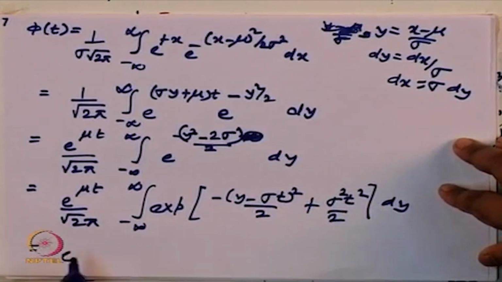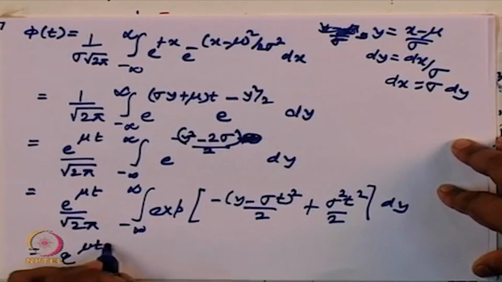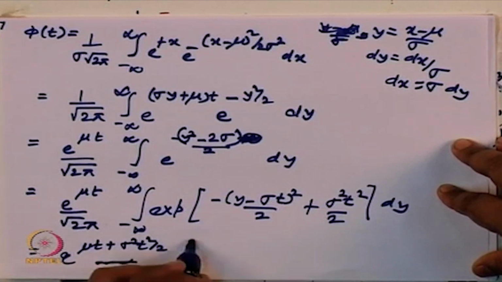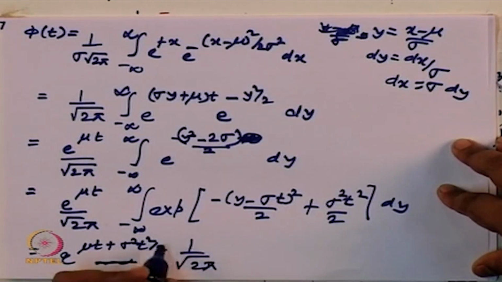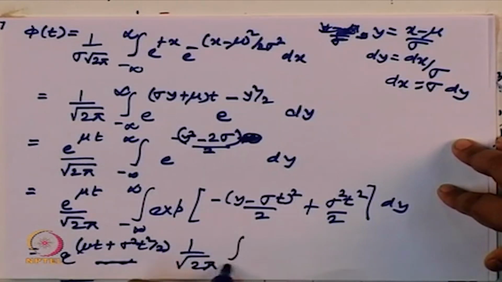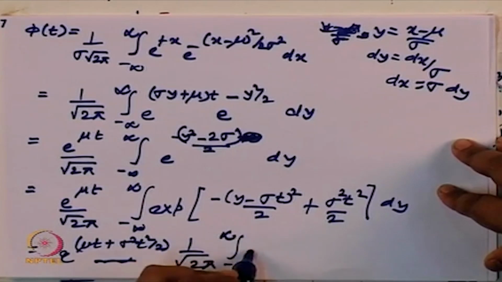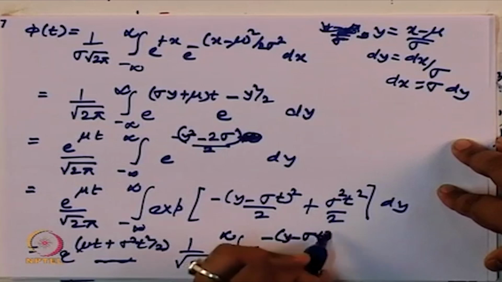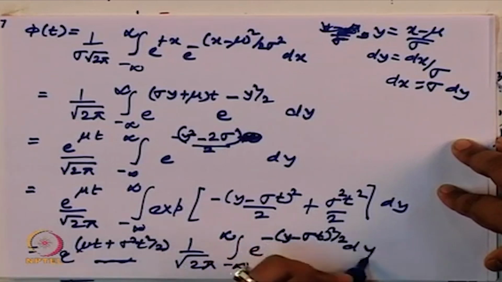So I can take out this term again. I can write it as e to the power mu t plus sigma square t square by 2, and root 2 pi can be separate. So this is exponential together into 1 by root 2 pi, minus infinity to infinity e to the power minus y minus sigma t whole square by 2 dy.